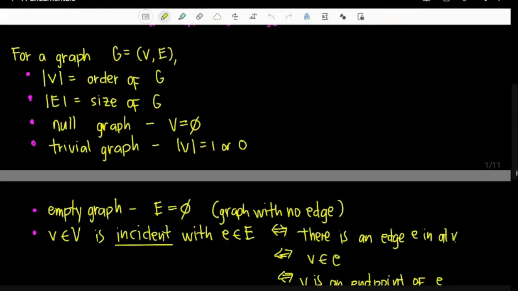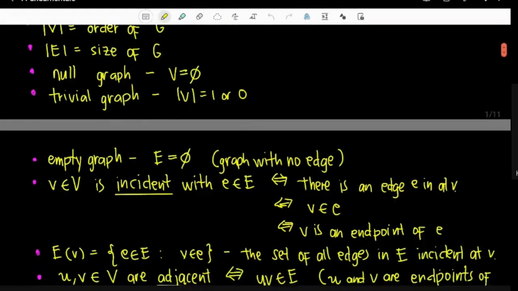So you can have a graph with numerous vertices pero if it doesn't have any edge, okay? So there's no connection between them, so we're not talking of a graph. That's an empty graph. Of course, empty graphs are of no interest to us. But for the purpose of discussion, sometimes may mga example tayo na kakailanganin natin yung mga null graph, trivial graph, empty graph, and so on.